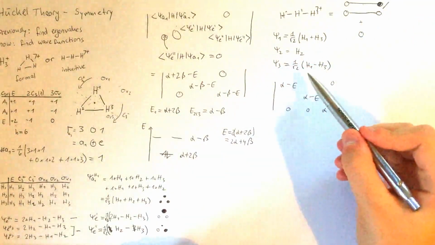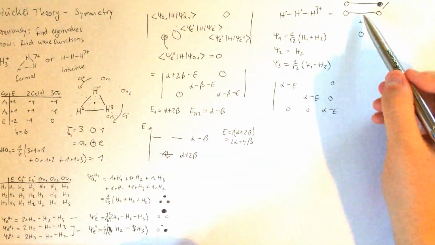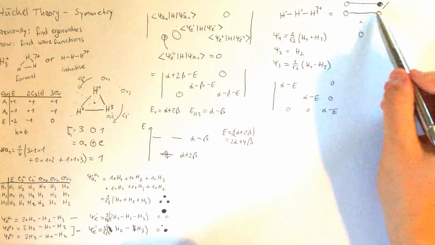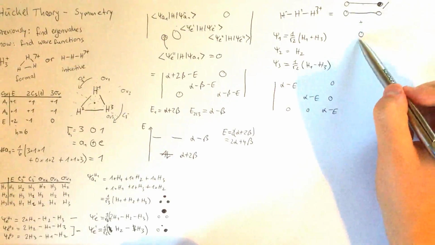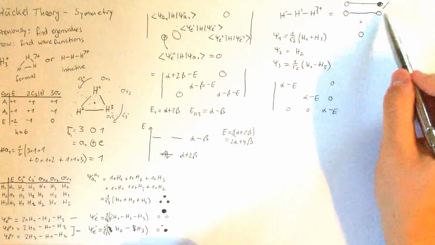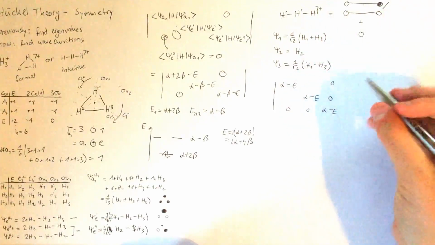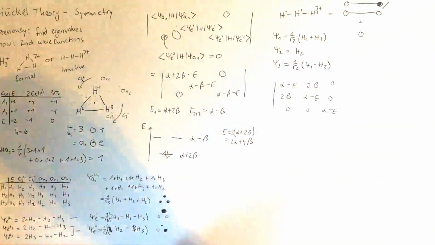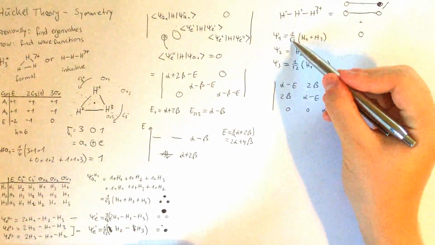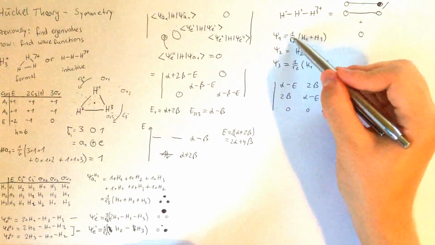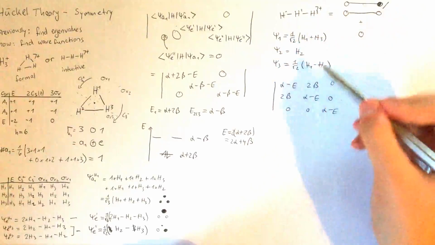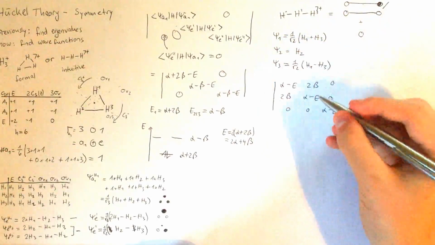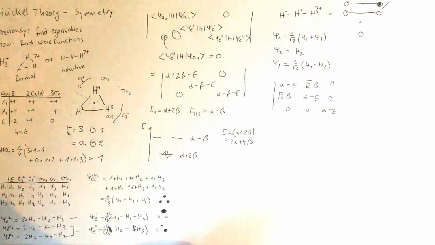Now, what happens if I put h2 or psi2 into psi1? I see I get overlap on both sides. And how many times do I get a good overlap? Twice. So I expect to have 2 beta. But since this wave function has a factor of 1 over root 2 in front, I need to consider this, and so instead of 2 beta, I get 2 over root 2 beta, which is the same as root 2 beta.